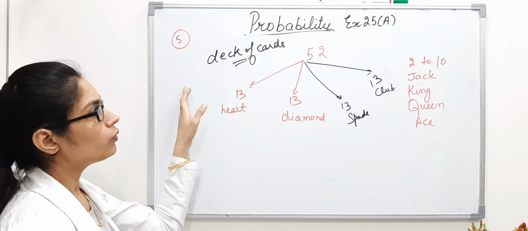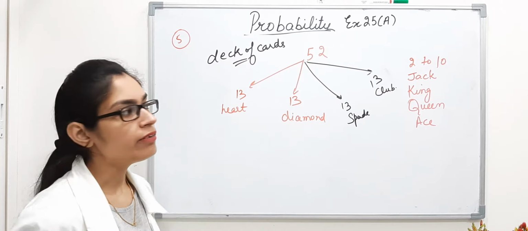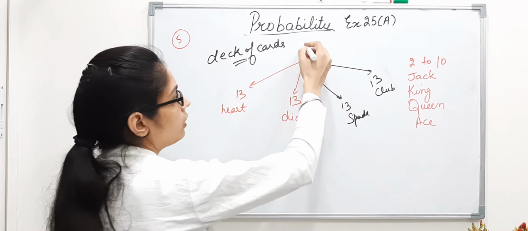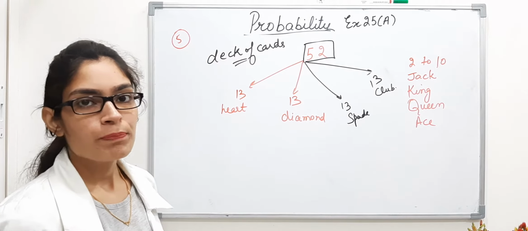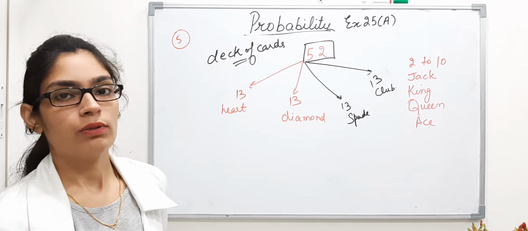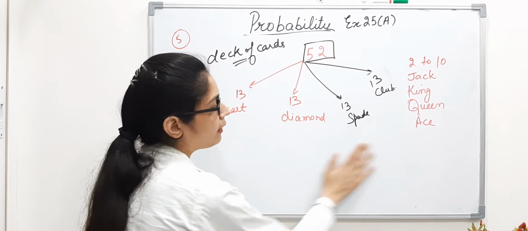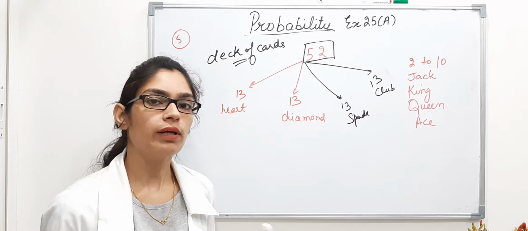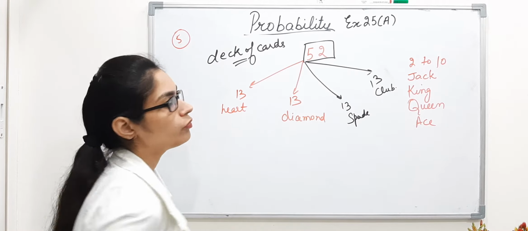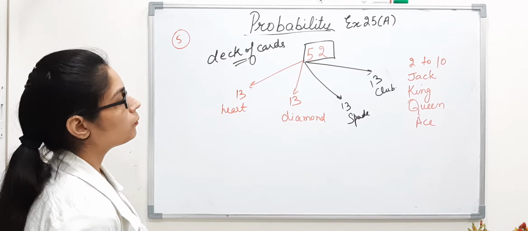So in a deck of cards, the total number of cards is 52. I want to tell you that the total number of possible outcomes, if they are taking the entire deck of cards, will always be 52 because the total number of cards is 52. Now let's understand it more.